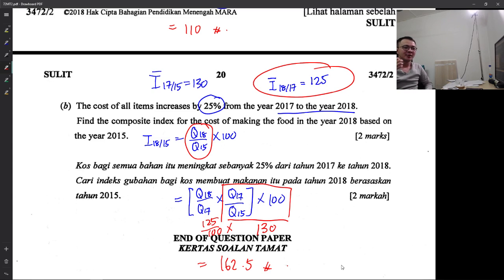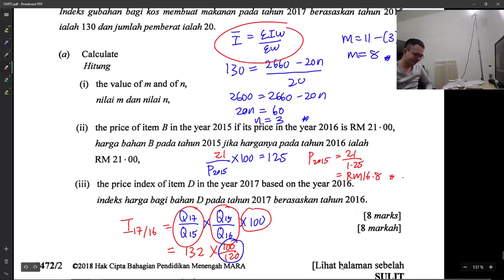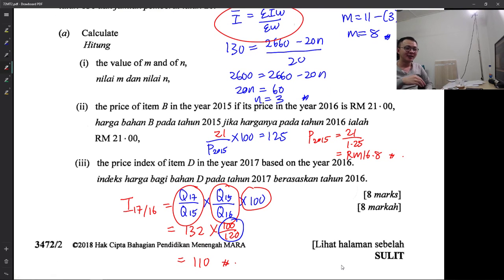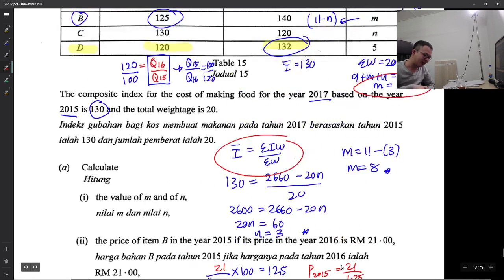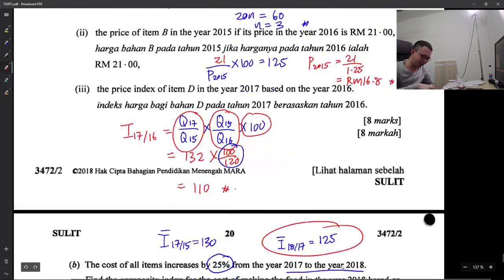So can you explain the A3? Okay, let's explain about A3. In order to get the prime index for D, you need to understand something.